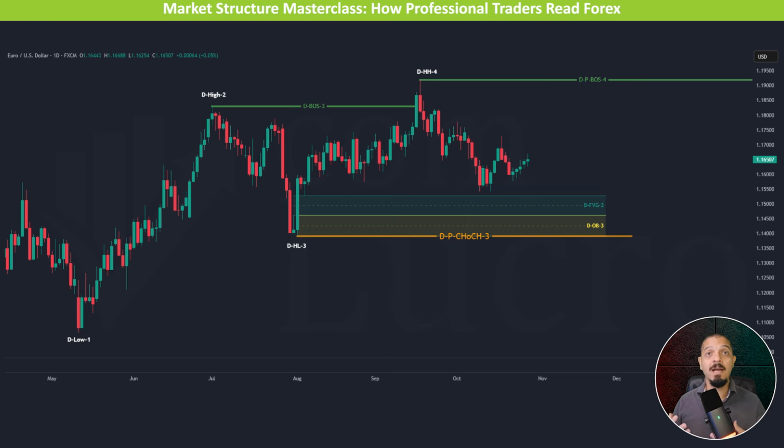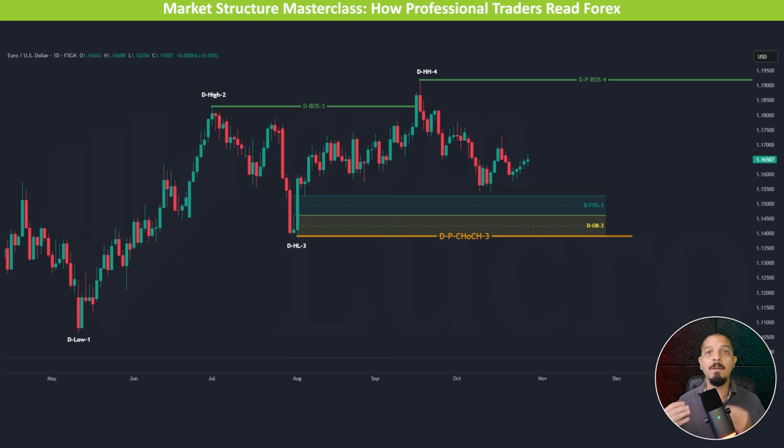Price is also interacting with the bullish zone labeled Daily Order Block 3. This area represents the origin of the impulse that created Daily Break of Structure 3. Because both the Daily Fair Value Gap 3 and the Daily Order Block 3 belong to the impulse that created the break of structure, they naturally become mitigation targets during the retracement phase.